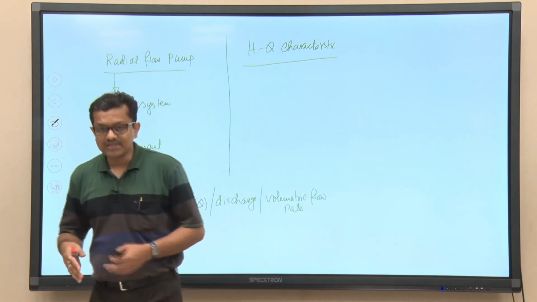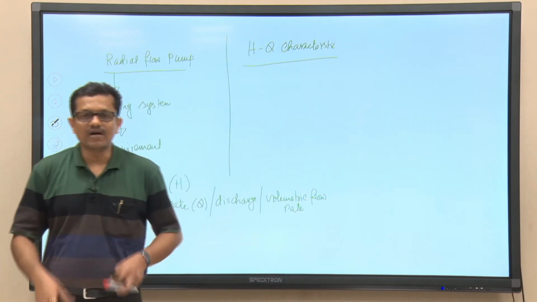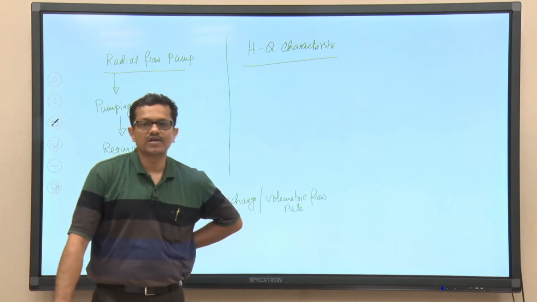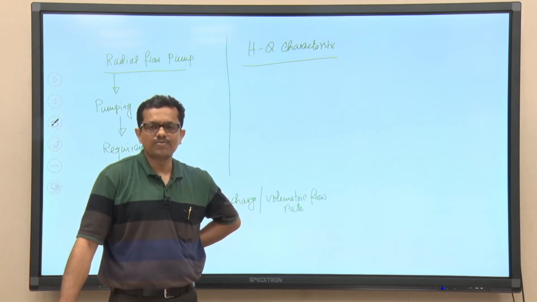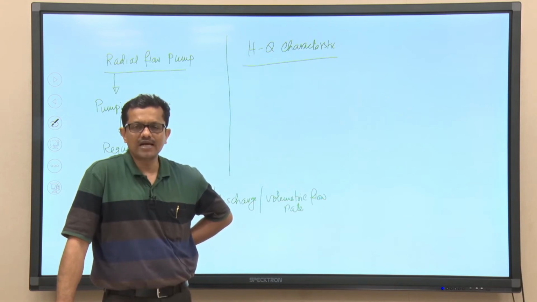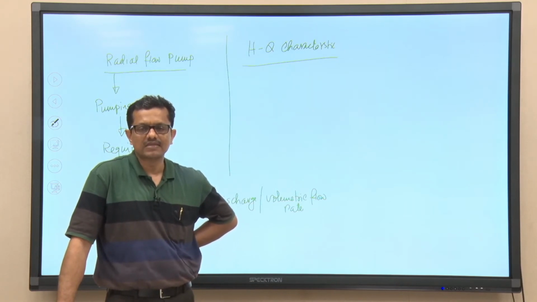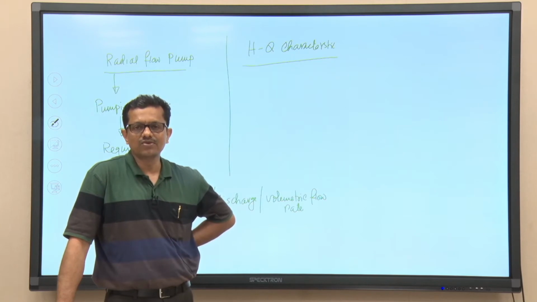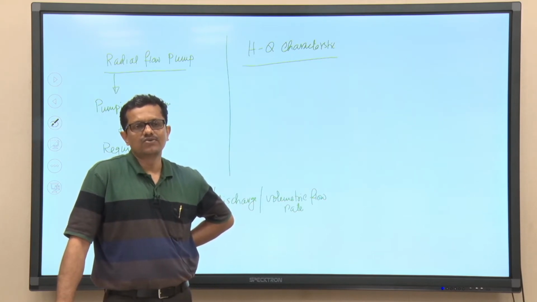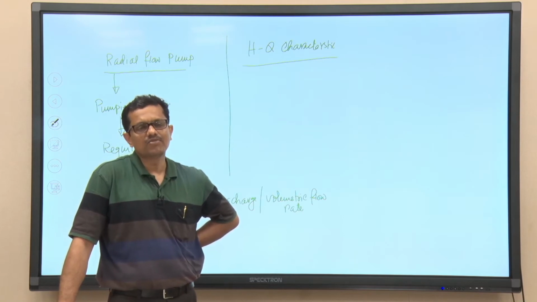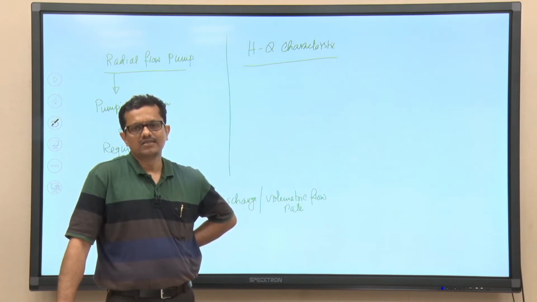Now, the question is, if we go to the market and would like to purchase a particular pump, say a radial flow pump, we have understood by this time that radial flow pumps are used in places wherein moderate to high head and moderate discharge is required.